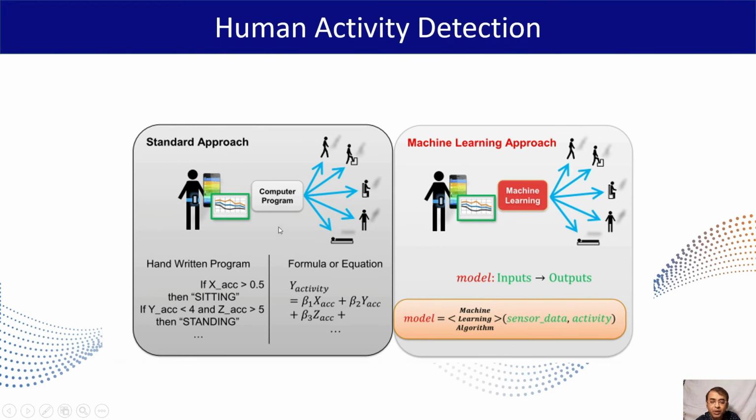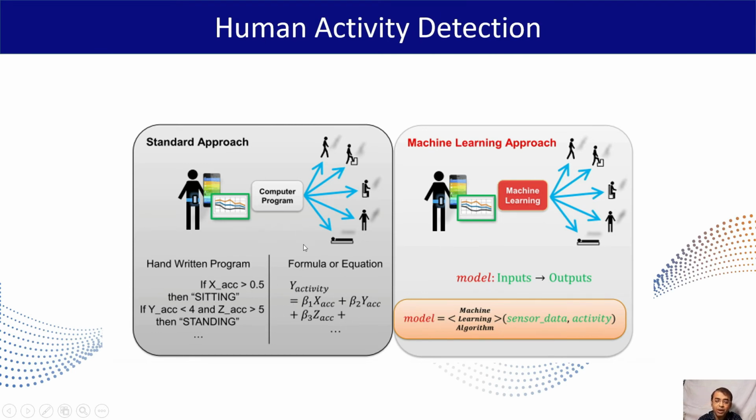That means you have to write a computer program in Python or Java, whatever, and you can see there is an if-then-else, right? Depending on certain values, we try to predict whether you are sitting, standing, and like this. This is the standard formula to use.